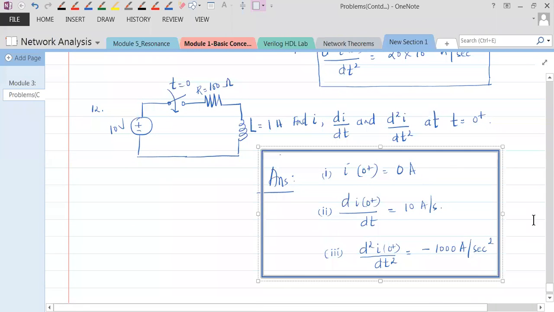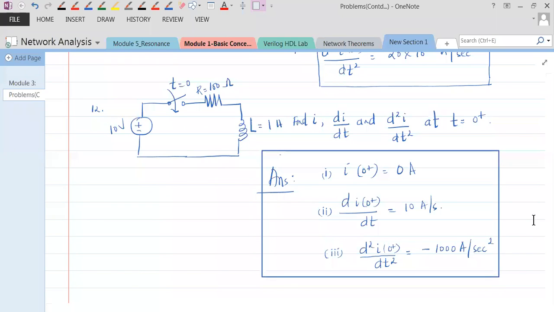Take a print screen or copy this down, and get this yourselves.